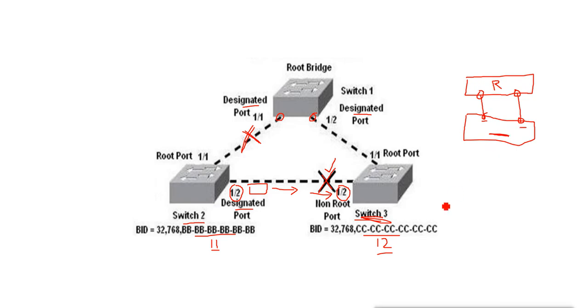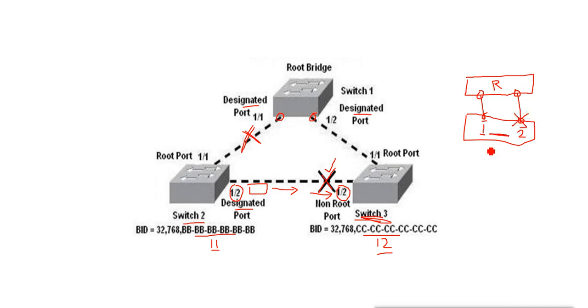Remember, when we had two different switches, switch 2 and switch 3, they decided based on the MAC address. But here we have a single switch, and the switch has to decide which port has to be blocked. Because the MAC address is the same, it will decide based on the port number. Suppose this port number is 1 and this port number is 2, so port number 1 will win and port number 2 will be blocked.